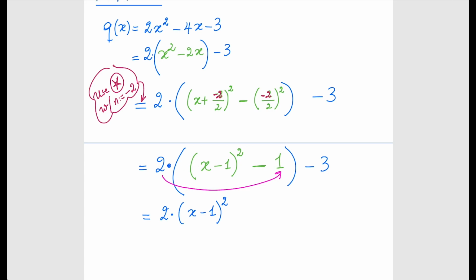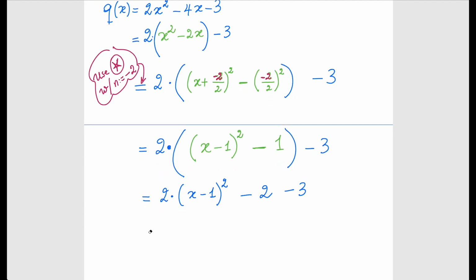So 2 times negative 1 is negative 2, right? And then with the minus 3 outside. Make sense? Okay. And now this is equal to 2 times the x minus 1 squared. What's minus 2 minus 3? That's minus 5. This is a vertex form.